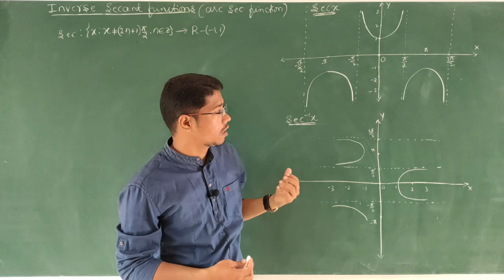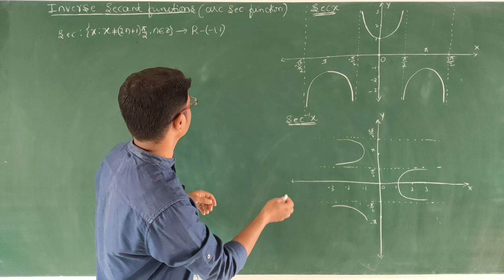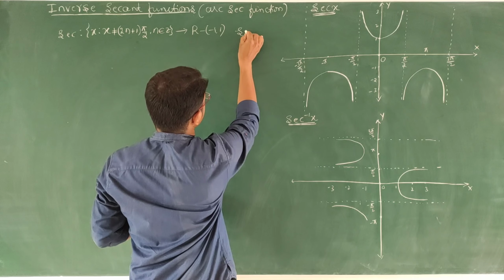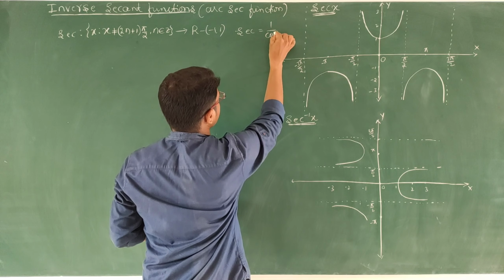Then how do we make it invertible? Now, sec is equal to 1 by cos. We know this already.